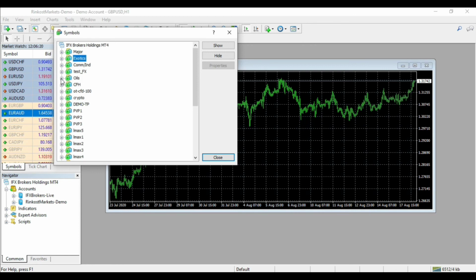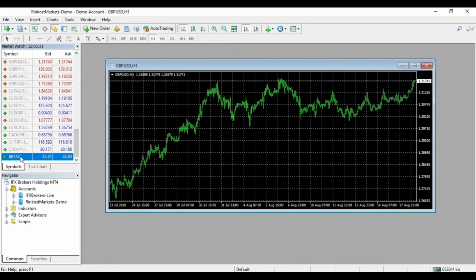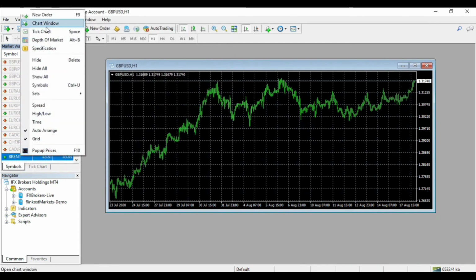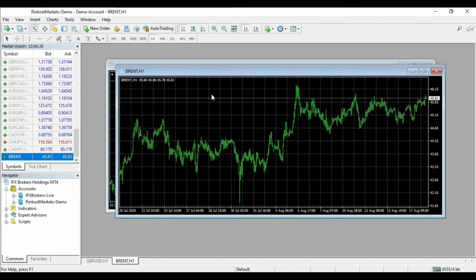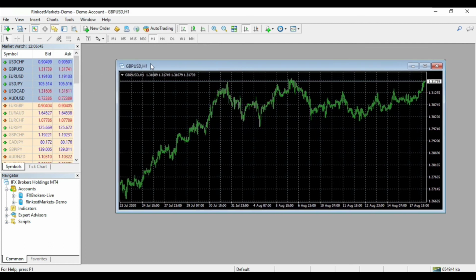And I'm gonna add this Brent oil symbol to my Market Watch, and you can just click on show and then close this tab. As you can see here at the bottom, there's the symbol that I added, and now you're able to trade the specific symbol that wasn't initially on the Market Watch. So that is how you guys can open a new chart.